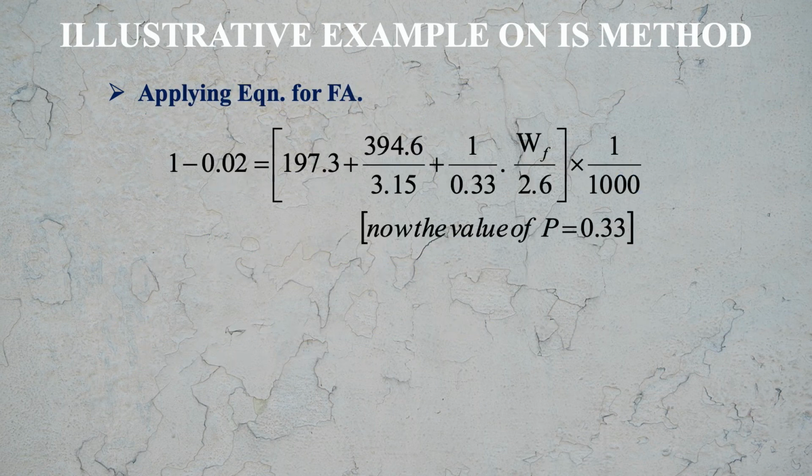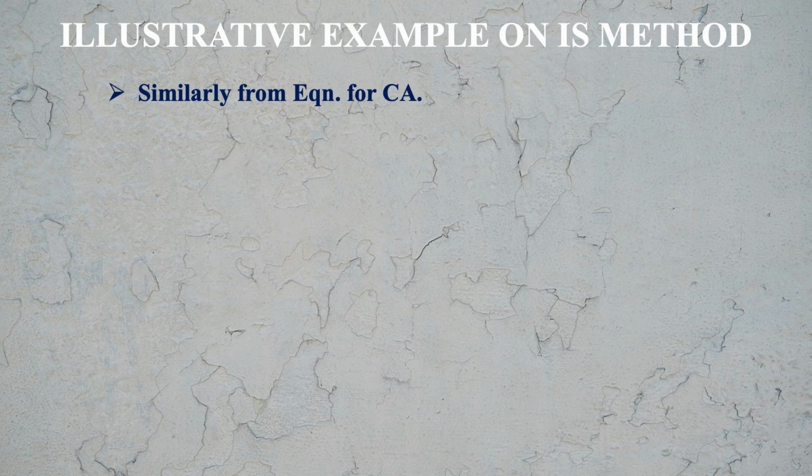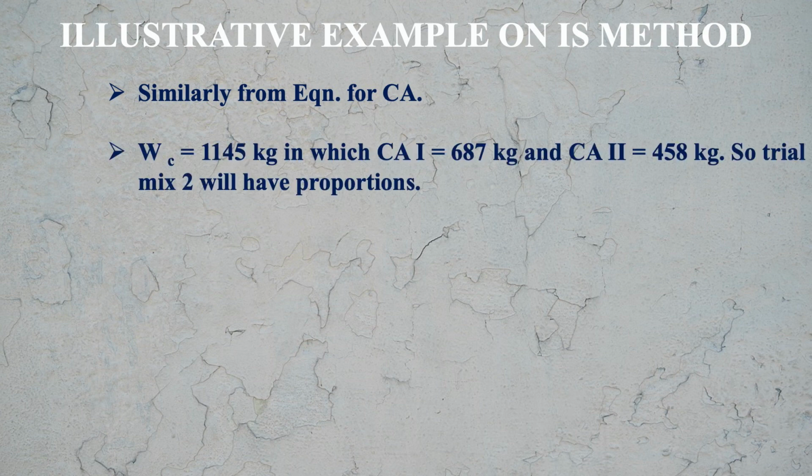Now applying the equation for fine aggregate, you can calculate again the weight of fine aggregate, and putting all values there, you will get the weight of fine aggregate as 564 kg. Similarly, from the equation for coarse aggregate, you can calculate the weight of coarse aggregate, which comes out to be WC equal to 1145 kg.